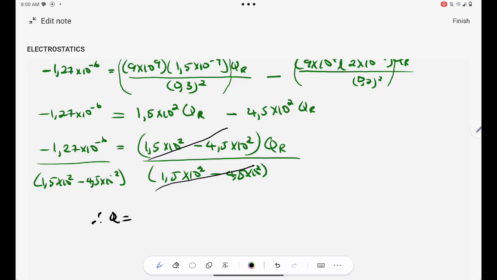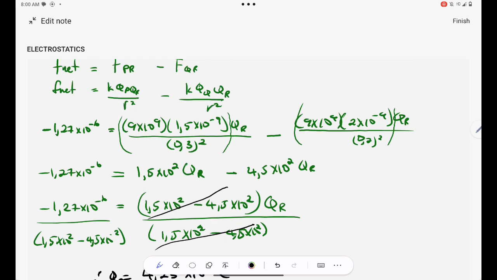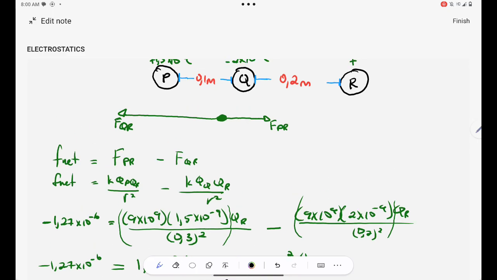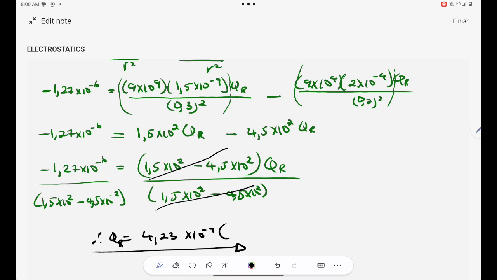So the magnitude, guys, of the charge on R is just 4.23 times 10 to the power negative 9 coulombs. That's how we use our resultant force to calculate the charge. Firstly, draw a free body diagram showing the electrostatic forces that exist, and then the rest is history, guys.